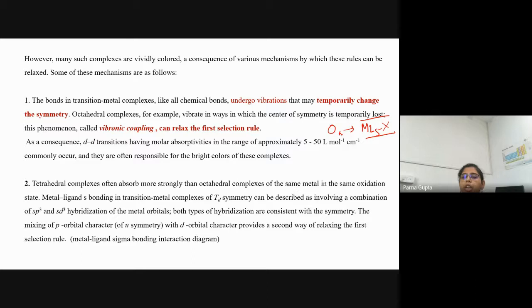It is not that symmetric, so we do not give any g or u term. And so the point is that tetrahedral complexes are brighter colored than octahedral ones.